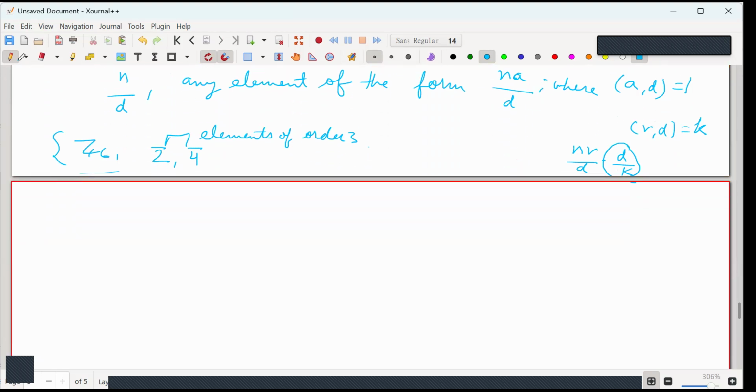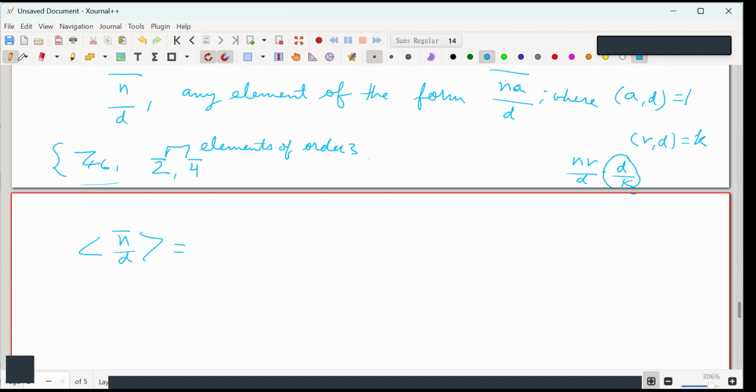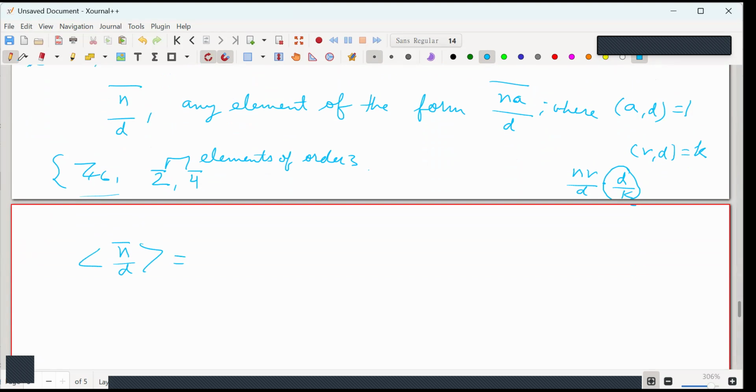Now you look at the group generated by n by d bar. All such elements are inside this. In fact, the group generated by any such element will be the same.